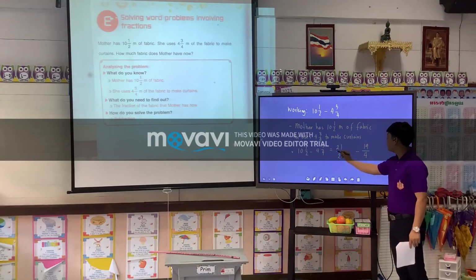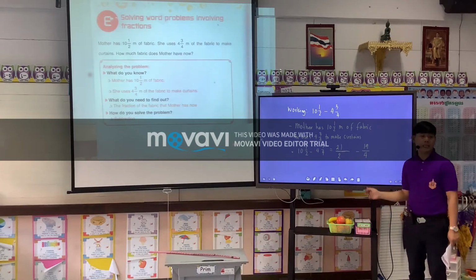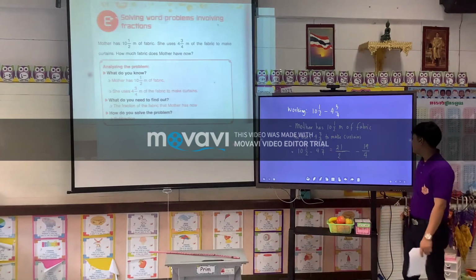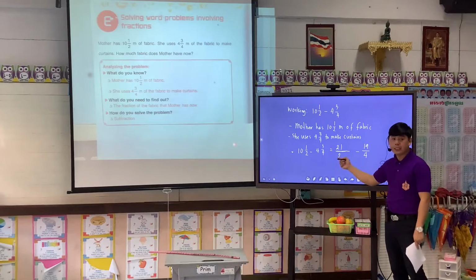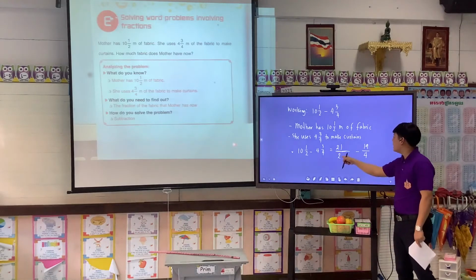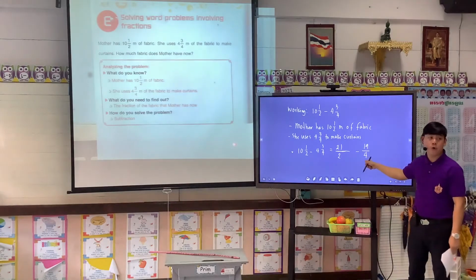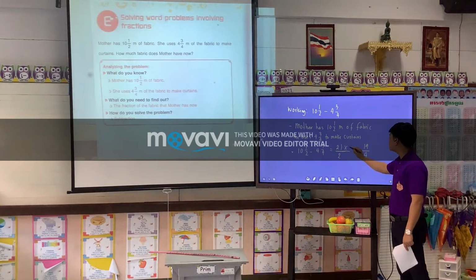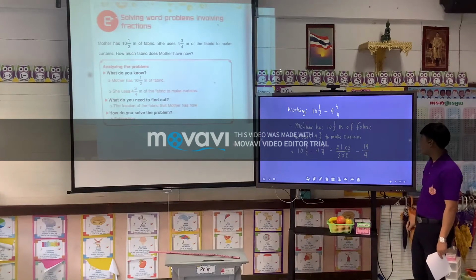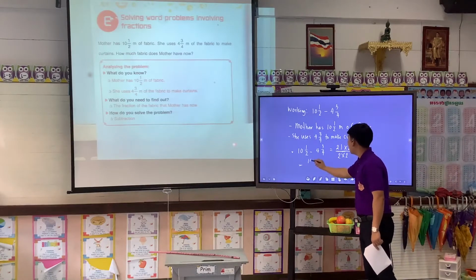Since they have different denominators, we find a number to multiply by 2 so that the 2 will be equal to 4. So 21 times 2, 2 times 2.